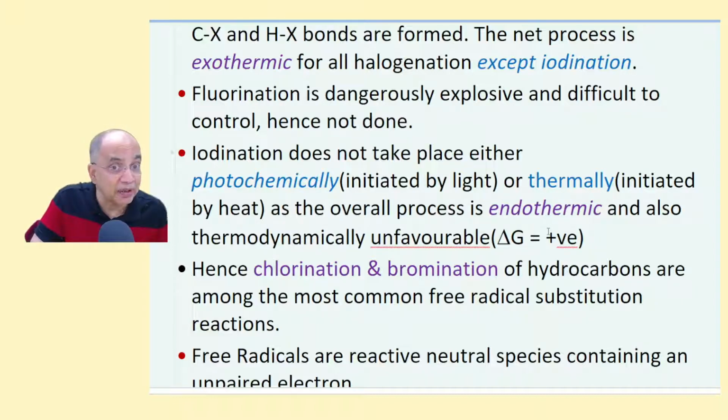Not only that, the overall delta G, the free energy change, is positive. This is the main criterion. As you know from thermodynamics, if delta G of a process is positive, then it is not possible, it is non-spontaneous. And in all other halogenations, it is negative.